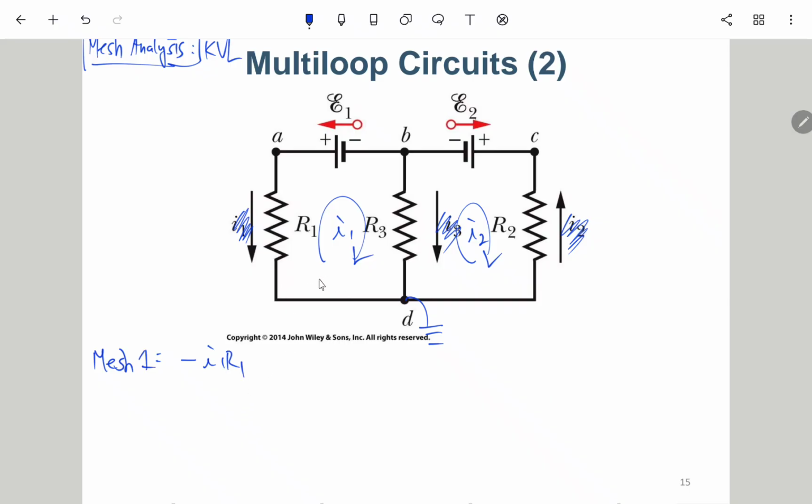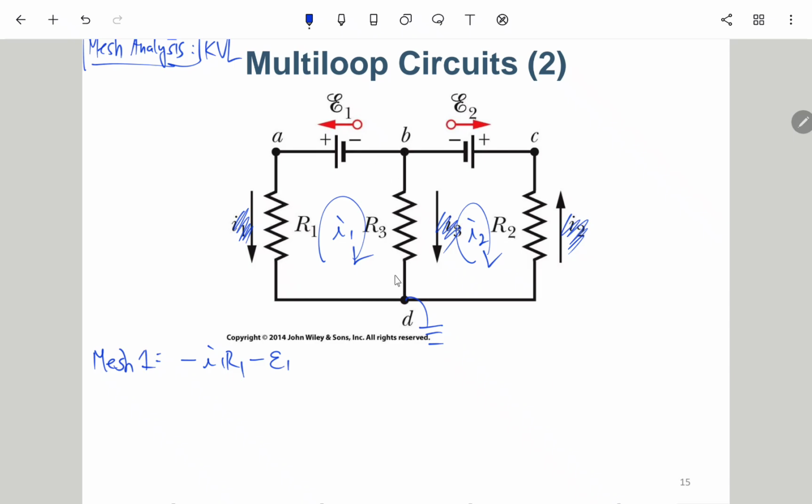Since I1 is from bottom to top, this is the higher potential and this is the lower potential, so minus I1 R1. Then from A to B, the potential difference is high to low, so this is nothing but negative E1, because we just follow the direction of I1.